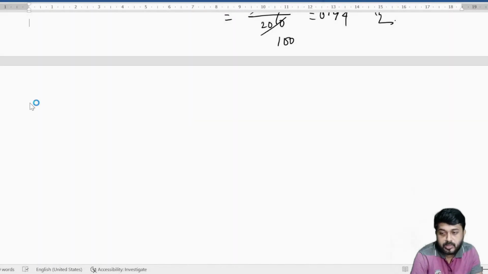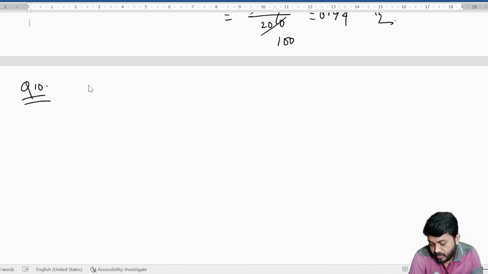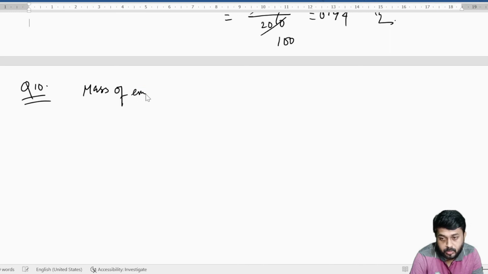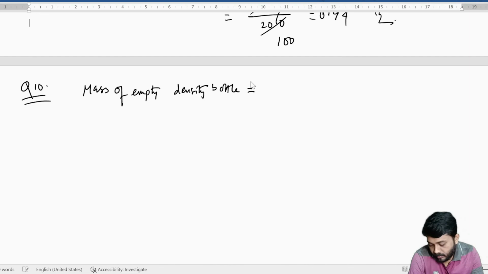Next question number is 10. Okay, some data are given. Mass of empty bottle, that is density bottle, is equal to 22 gram.